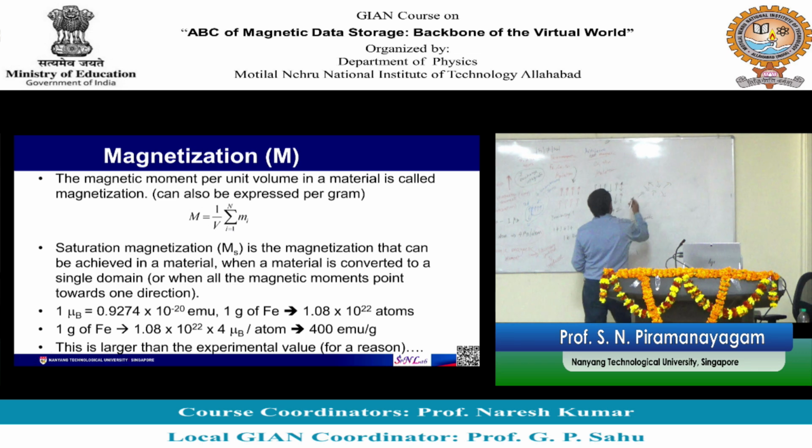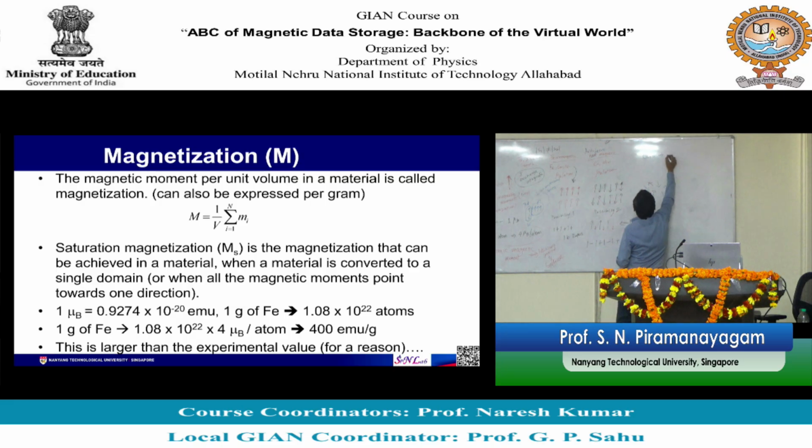Okay. So, in CGS unit, we use EMU to represent a property called magnetic moment. We can either divide by volume, EMU per cc, cubic centimeter, or EMU per gram.